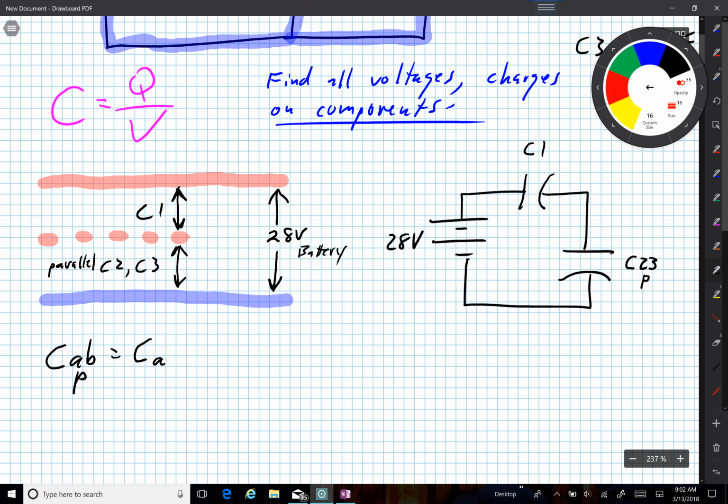By the same token, I need to analyze this capacitor, my equivalent capacitor, C23P. And that means I have to be able to analyze the voltage across that capacitor. But that's a solid blue, dashed red color, and I don't know that voltage. So I can't do the analysis.